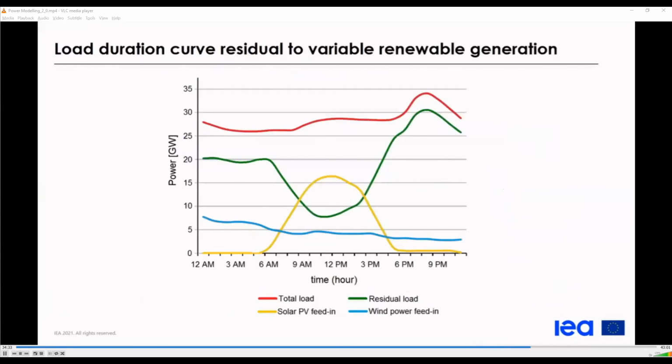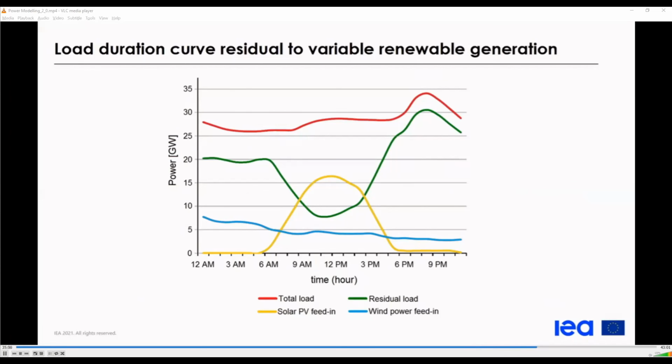Now, zooming in on a sample day. So here again, the same concept of residual demand with the total demand in red. And when we remove the solar output and the wind output, the result is the residual demand.